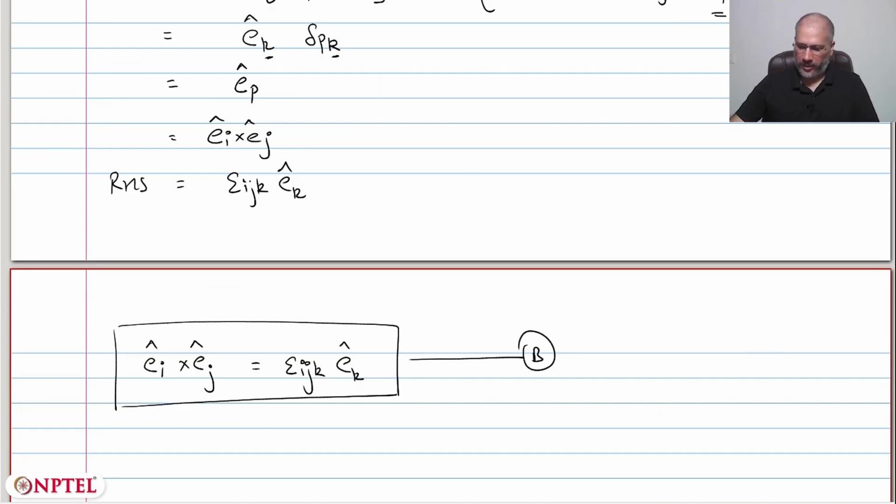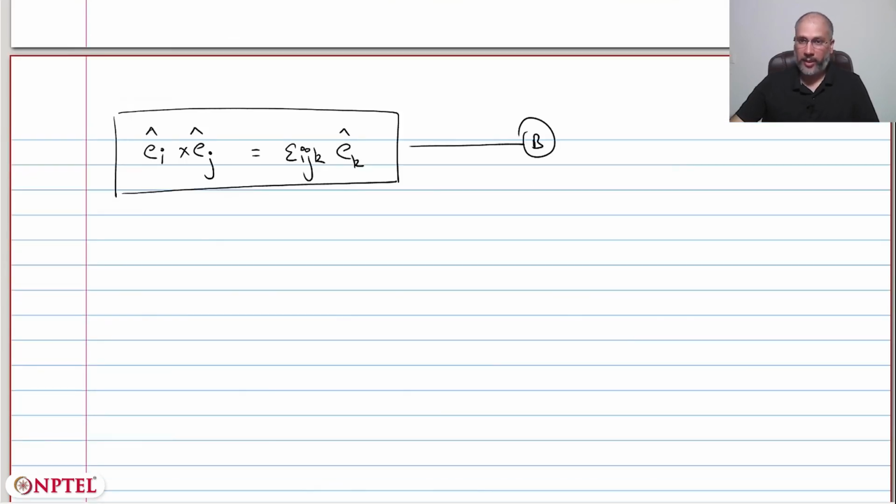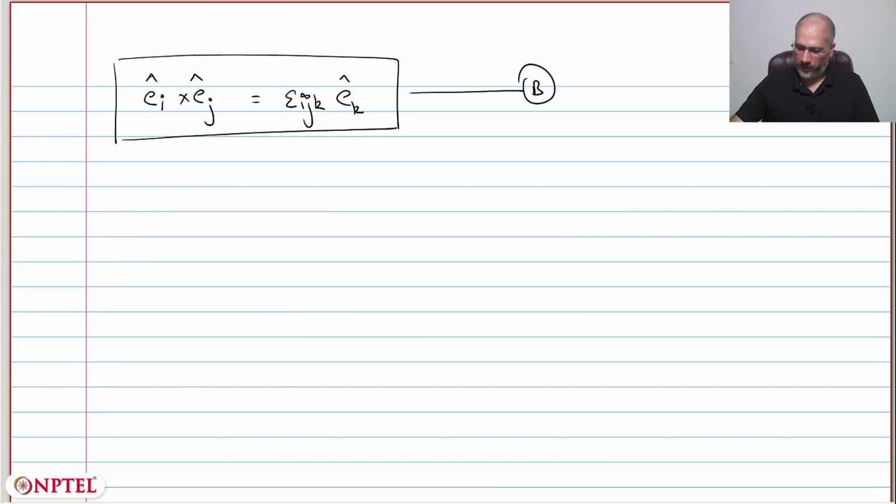In this lecture, I want to work more on the mathematics of the permutation symbol, because that's key here. We work with epsilons a lot in tensor calculus. In fact, the permutation symbol does not appear by itself. In many relations mathematically, you will see products of epsilons.